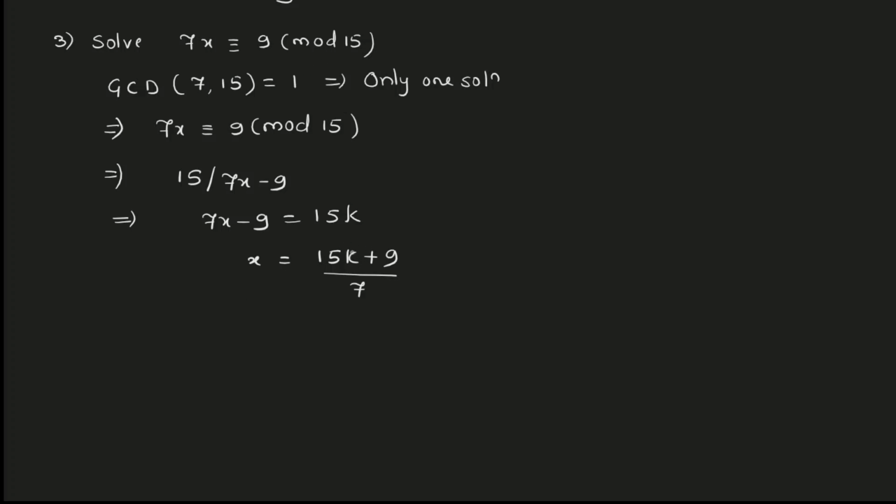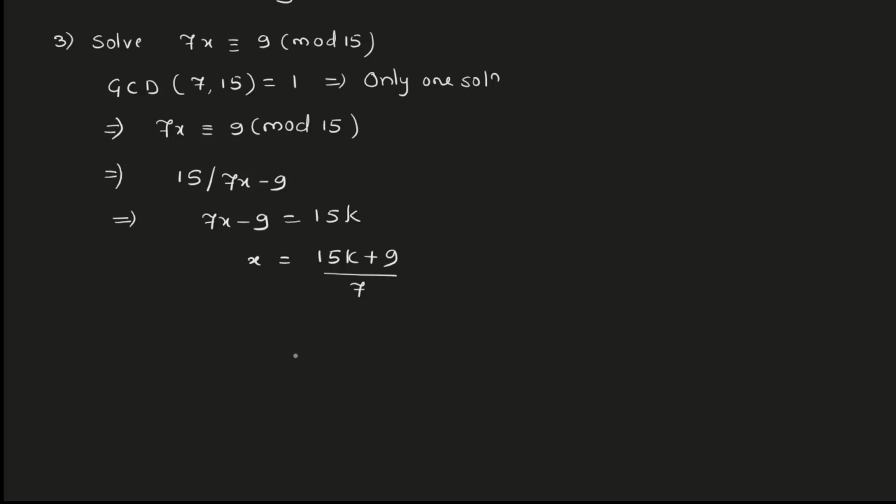Only by inspection method, for what value of k the whole equation is satisfied. We have to check. Go on substituting k as 1, 2, 3, 4 and check whether it is divisible by 7 or not. When you put k as 1, it is 15 plus 9, 24 divided by 7. It is not possible.